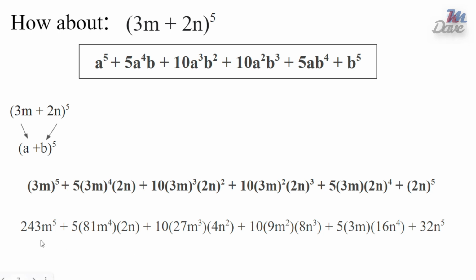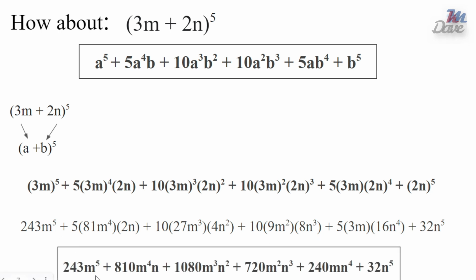And lastly, get the products of the terms. Copy that 243m raised to 5, plus multiply 5 times 81 times 2, which is equal to 810. Copy the m raised to 4 and n, plus multiply 10 times 27 times 4, which will become 1080.